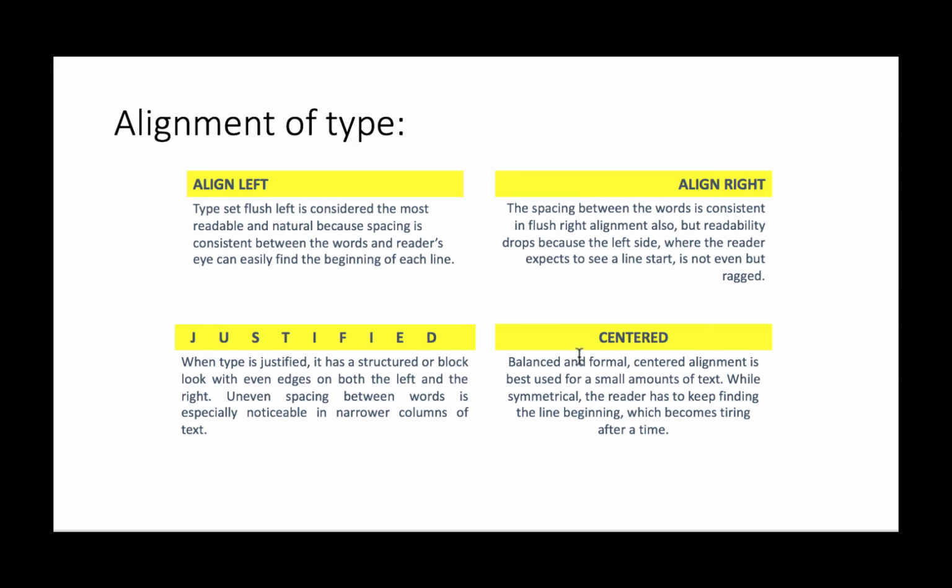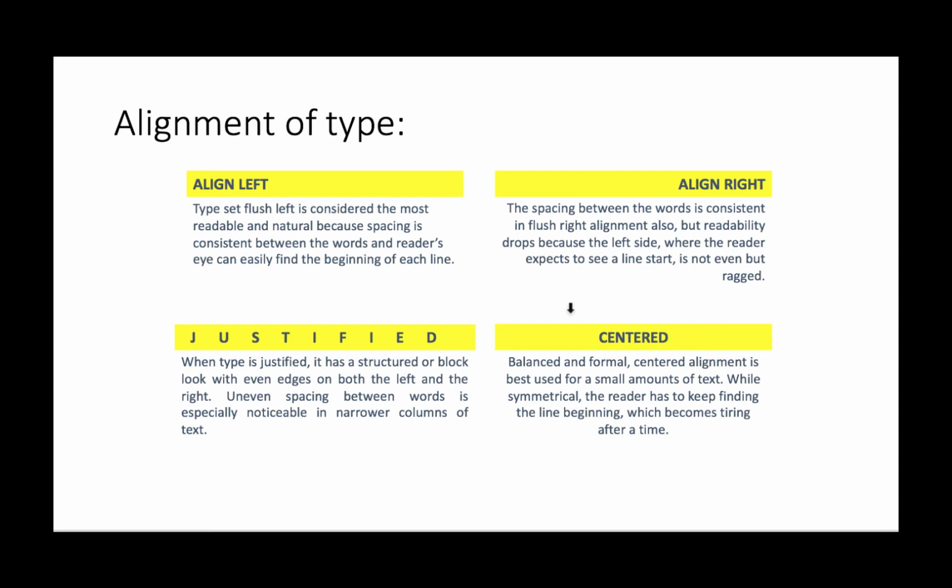Next, we have centered. Centered is more balanced and formal because it's centered kind of like on a pendulum. It's equally weighted on both sides. It's best used for small amounts of text. We don't want to center a large amount of text for a full feature story or body copy. It works really well for quotes, or maybe a short caption, not your extended captions.